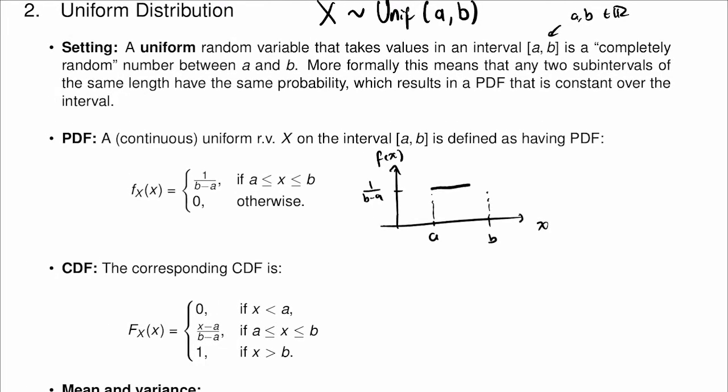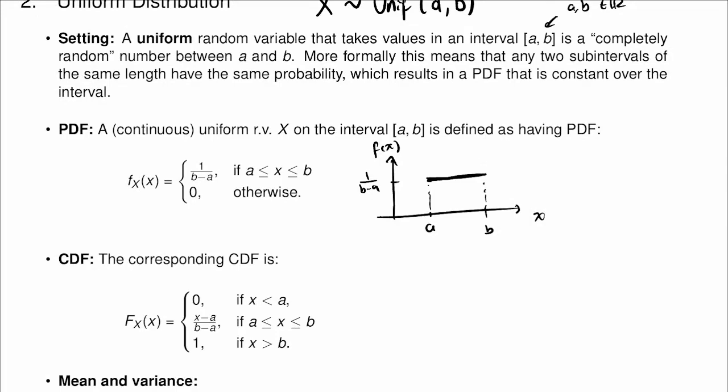The function will look like this. It's a line of height 1 over b minus a for values between a and b, and 0 in other case.